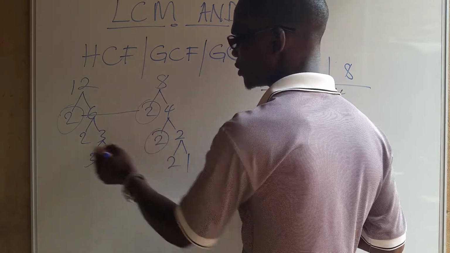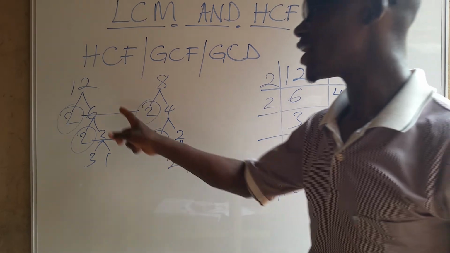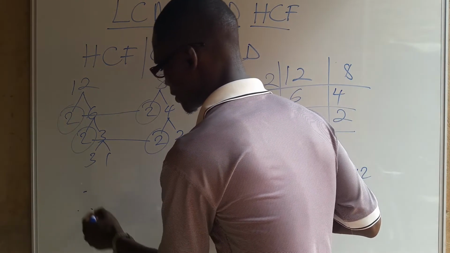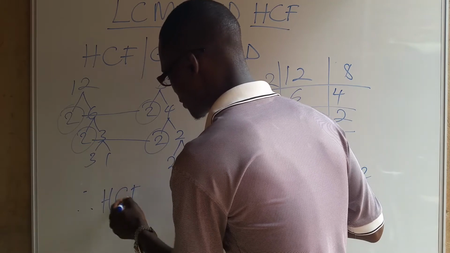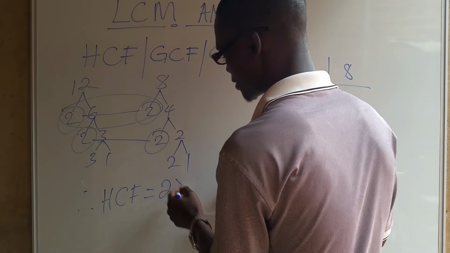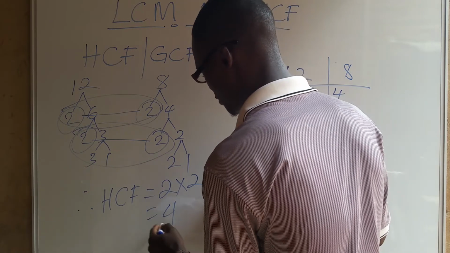We have a 2 and a 2. So we have 2 pairs of common factors. Therefore, the HCF will be the first pair times the second pair, giving us a 4.